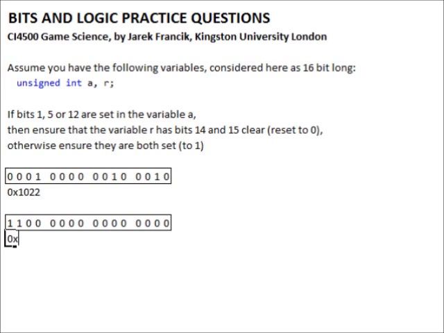The first 4 bits are 1100. 11 stands for 8 and 4. Together it's 12, and 12 is the hexadecimal C, and all other hexadecimal digits are 0.